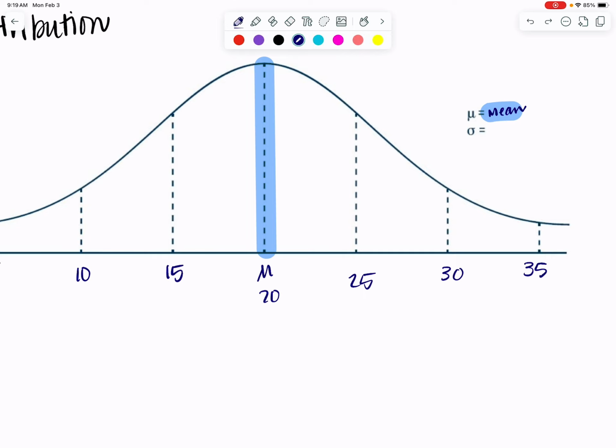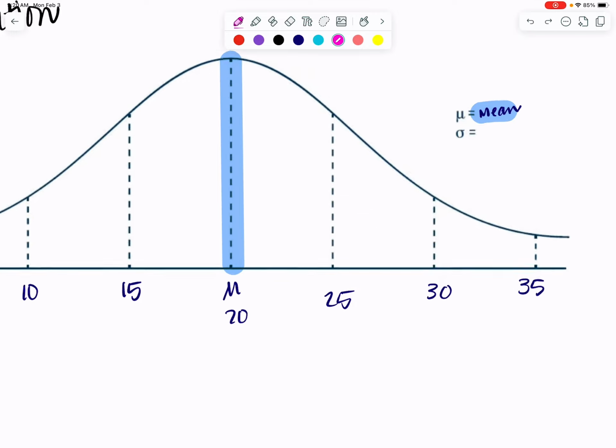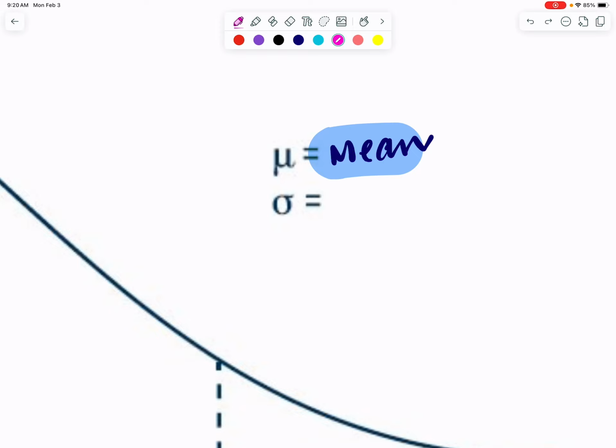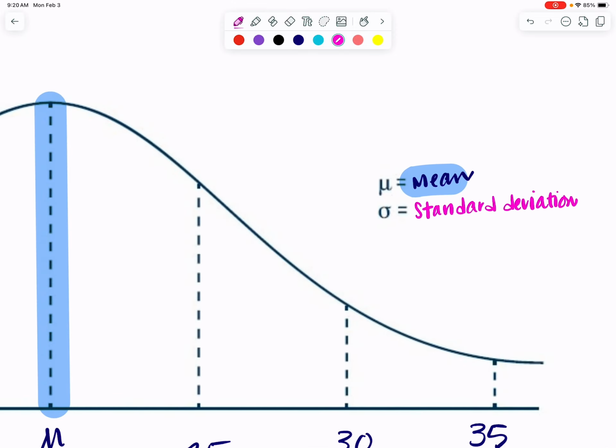So now, the second part of the normal distribution curve that is incredibly important is sigma. This is the standard deviation. It does not mean you're the best. According to my 9-year-old, he tells me that that's what sigma means.